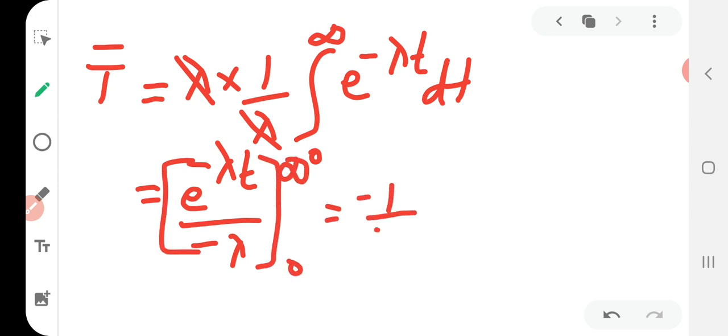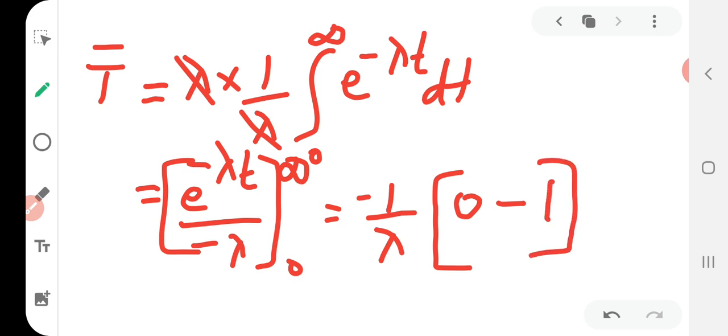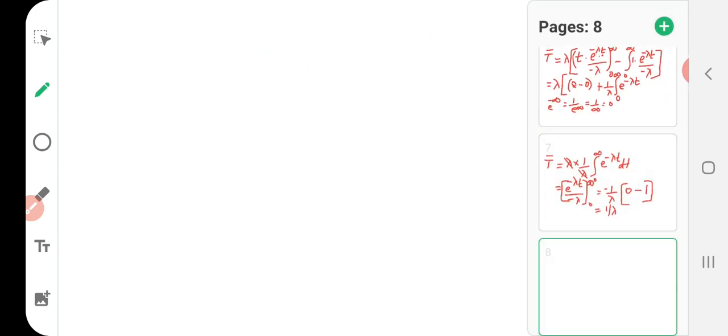That is minus 1 by lambda into e raised to minus infinity, which again we know is 0, minus e raised to 0, that is 1. So the final equation: minus and minus get cancelled, and it is equal to 1 by lambda. That is, the mean life or average life of a radioactive sample is the reciprocal of the decay constant.